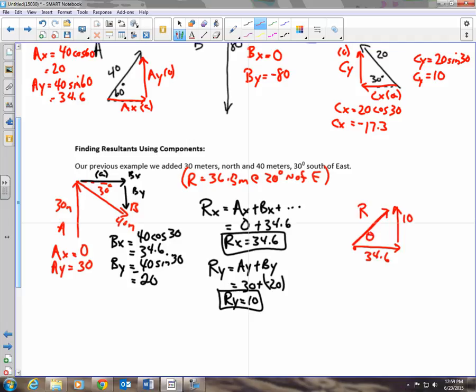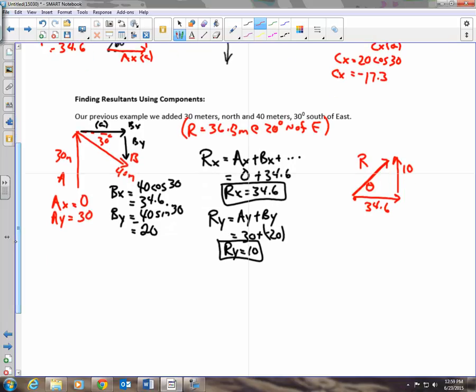I have to find that, and I have to find the angle. Now to find the size of the resultant, I can do the Pythagorean theorem. So R squared is 34.6 squared plus 10 squared. And if I plug that in my calculator, I'll get a value of R of 36.0 meters. And then for my angle, I have the opposite side and the adjacent side, so I want to use tangent. So tangent of theta is going to be 10 divided by 34.6.